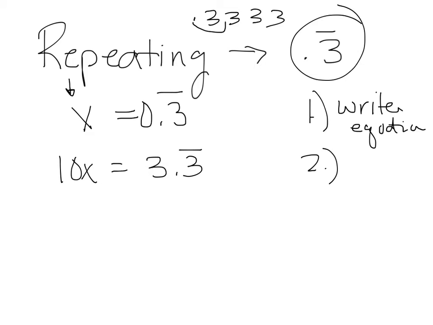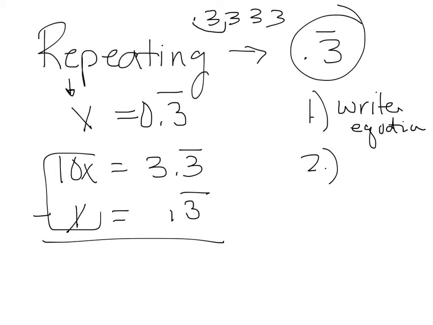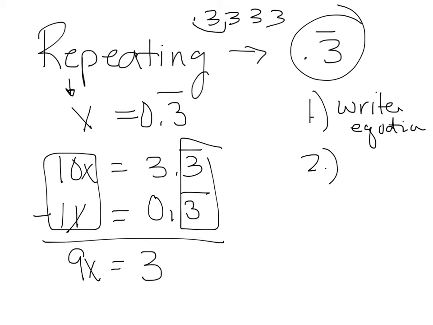Yes. And so if I wrote x equals 0.3 repeating right underneath that, and subtracted those two equations, what's 10x minus 1x? Well, that would be 9x. What's 3.3 repeating minus 0.3 repeating? Well, isn't it 3? Don't these decimal parts just cancel out?